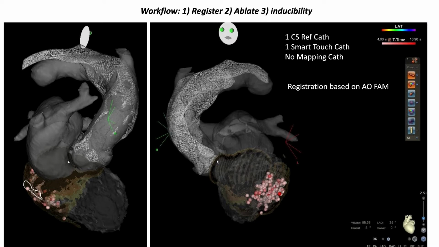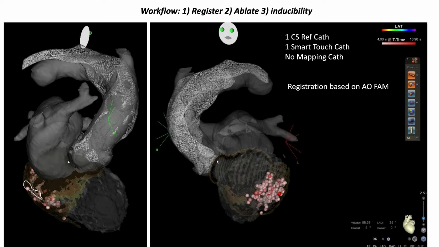The way we use it now in Bordeaux, and some centers are using it differently, we have a very simple workflow where the first step is to register the 3D digital twin of the patient in the CARTO or Rhythmia or EnSite coordinates. And for that purpose, we would fast map the aorta, as you see here, and then align it with the CT aorta reconstruction.